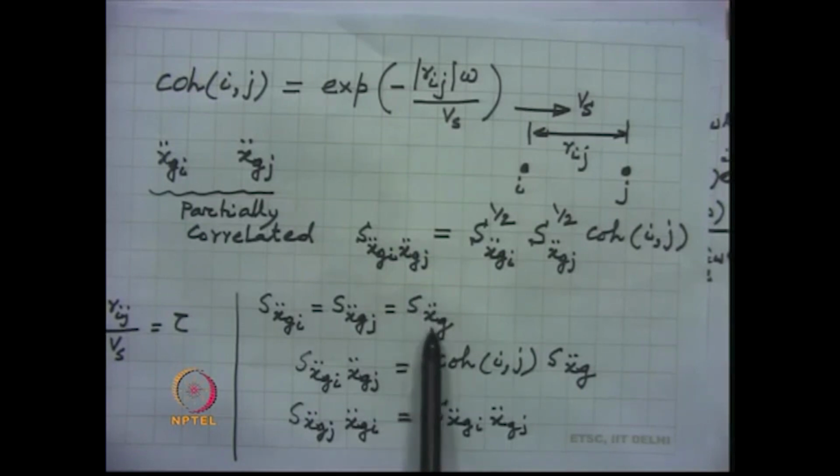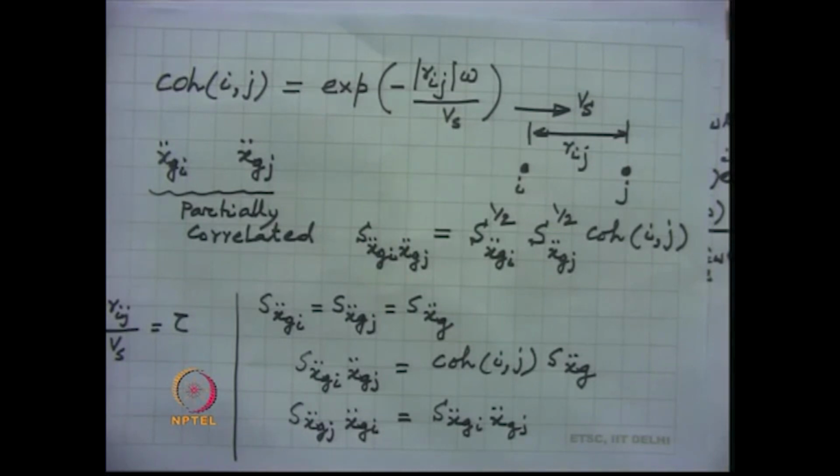There is no complex quantity involved over here, and since they are real quantities, the star that you had used in defining the relationship between the cross power spectral density function between point 1 and 2 and point 2 and 1 is not required, and therefore, they become the same.